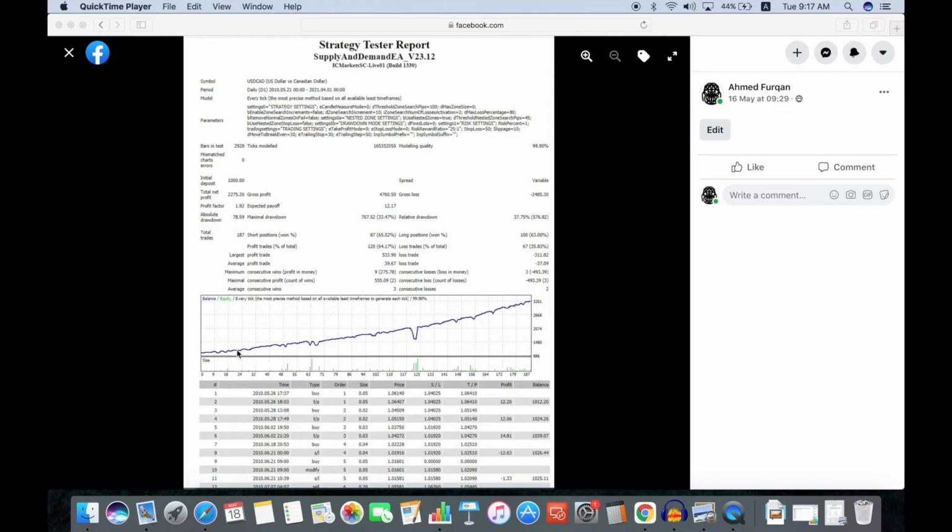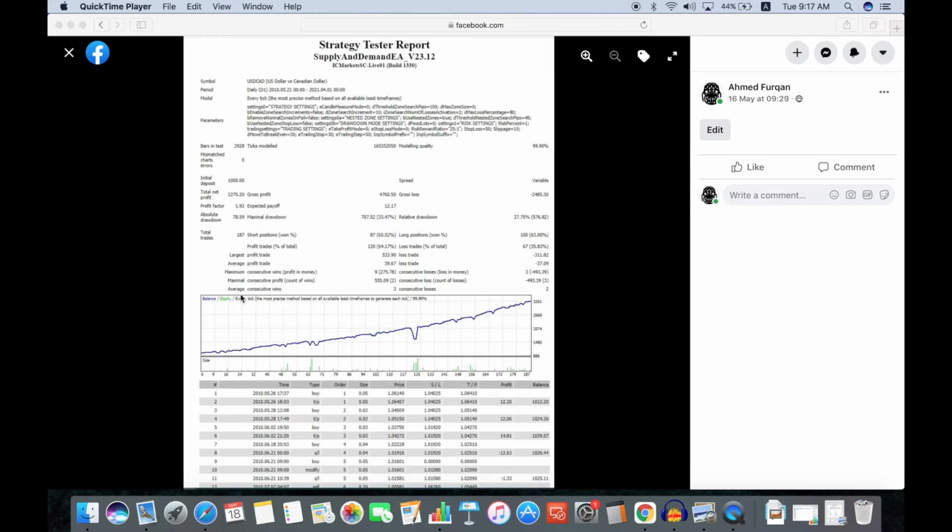There was very little drawdown, hardly 5 to 6% or 8 to 10%, but a time came when this system was tested and the system remained successful, gave a little bit of drawdown, and again you can see a pretty smooth upward linear curve here.